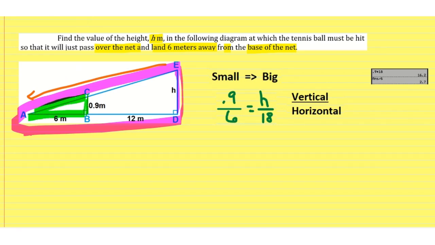So I'm going to set this up so that the height of my small triangle relates to the horizontal base of my small triangle.